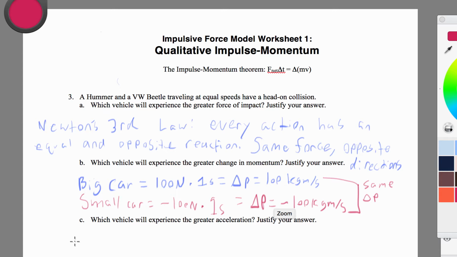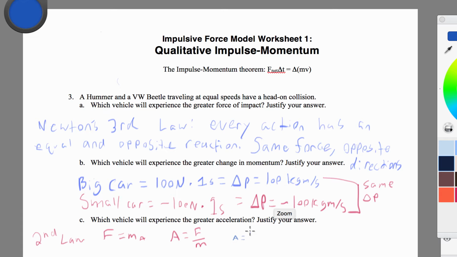How do we justify our answer with Newton's second law? That F equals ma. Or rewritten, acceleration is force over mass. So, our big car has a really big mass, so its acceleration is small.